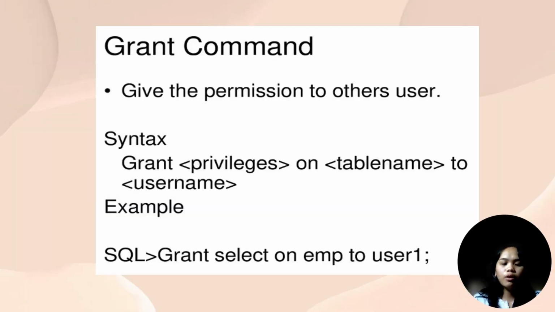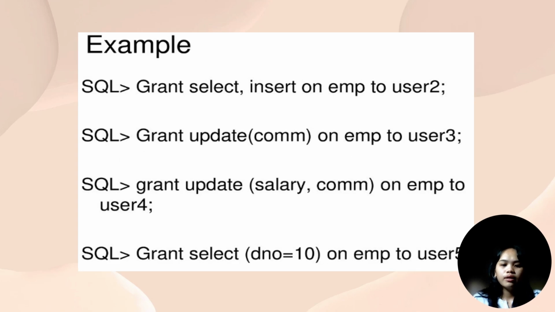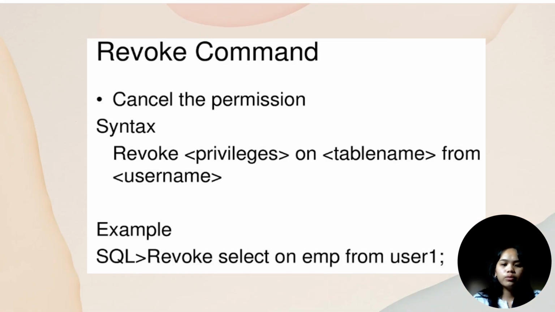So the grant command gives the permission to the user. This is the generalized syntax for grant: grant the desired privilege you want to give to the user on the table name to a username. An example is SQL grant select on M to user 1. Revoke cancels the permission.